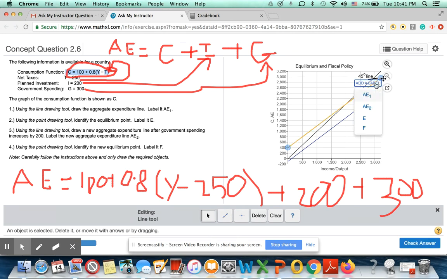So this is aggregate expenditure 1, and we label equilibrium. See here, it's equilibrium because 2000, 2000. So this is equilibrium 1. Let's make sure this is accurate in here.